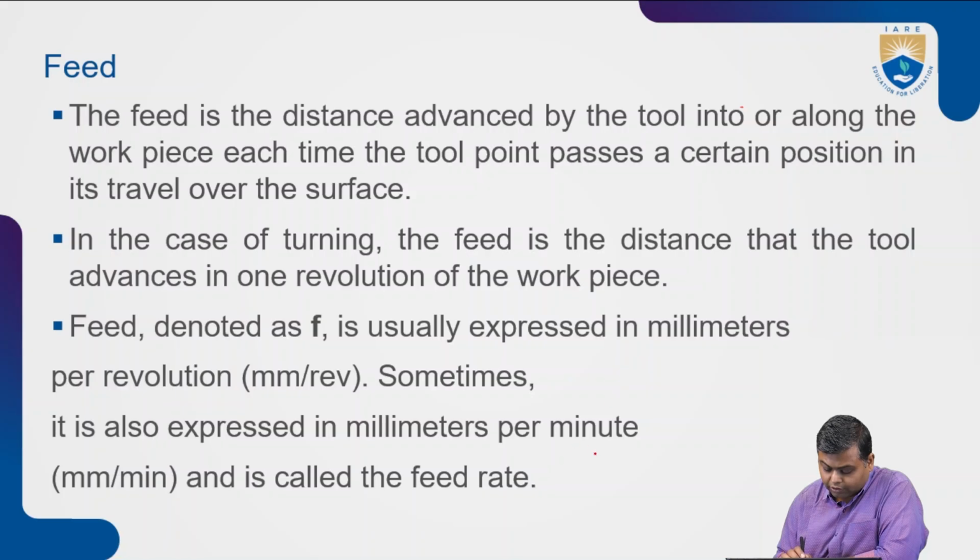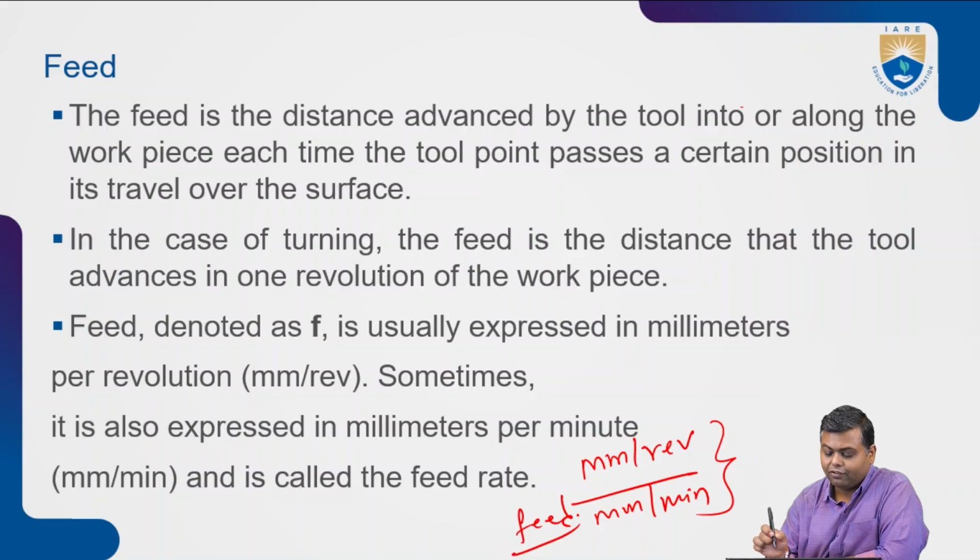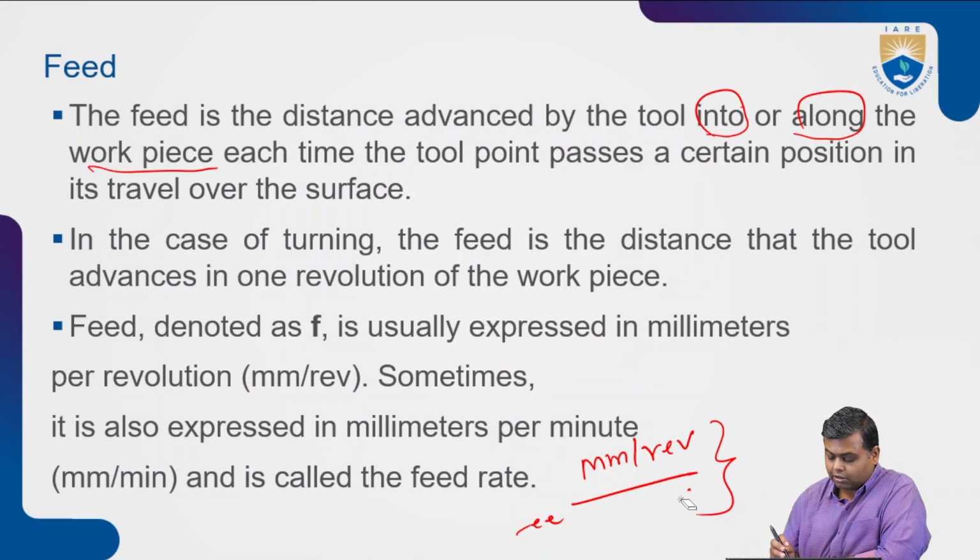So the units for feeds are very different. That is, one is mm per revolution, the other one is mm per minute. So both can be considered for the feed units and generally defined as the traveling distance of the tool advancement into or along with respect to the workpiece. So this is what is called the feed.